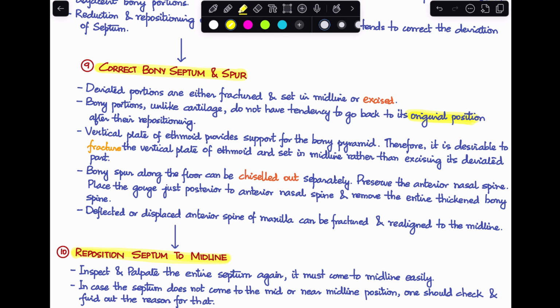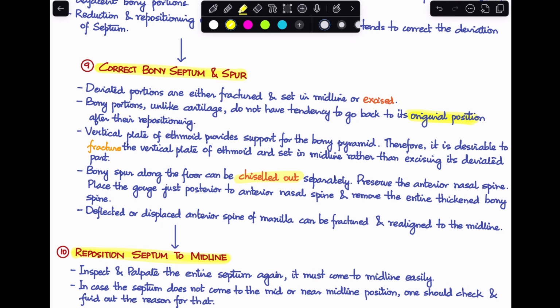So what we will do here is, it is more desirable to fracture the vertical plate of the ethmoid and set it in the midline rather than excising its deviated part. If you come across any kind of bony spur along the floor, that can be chiseled out separately. You have to remember that the anterior nasal spine is a very important structure, and that is something you need to preserve.